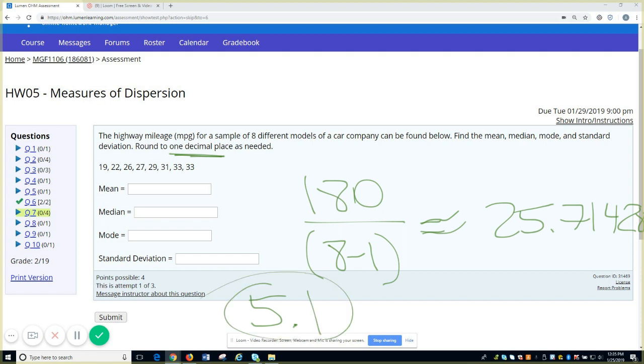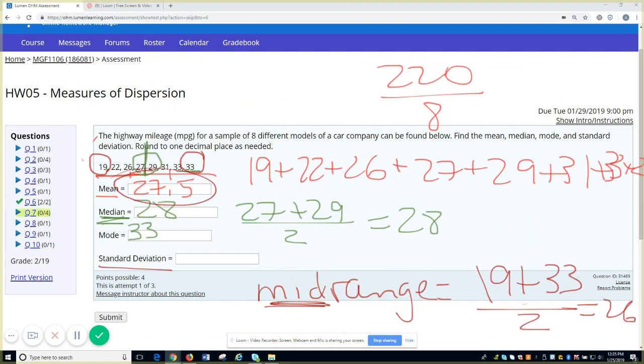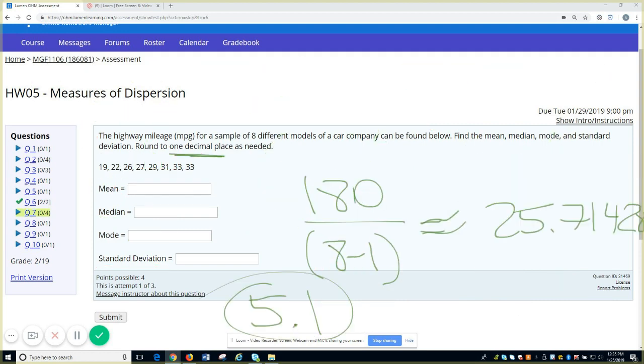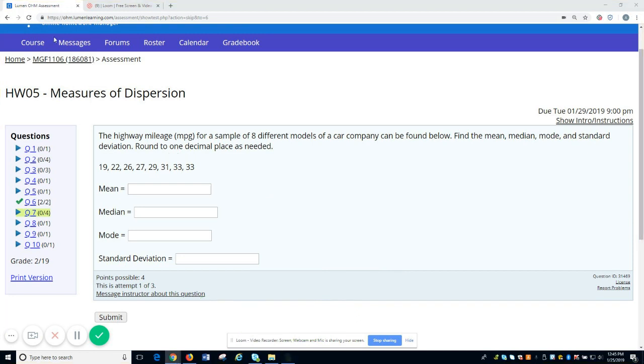Whew, all right. So let's try to enter all this in. What were my answers before? The mean was 27.5, the median was 28, the mode was 33, and we found our standard deviation to be 5.1.